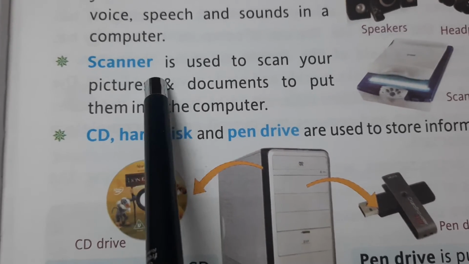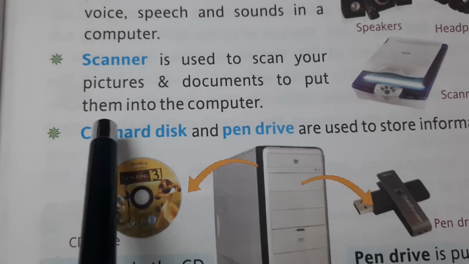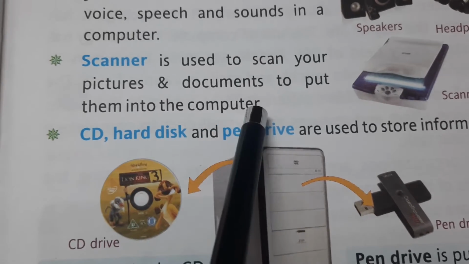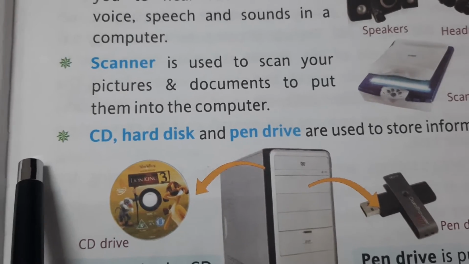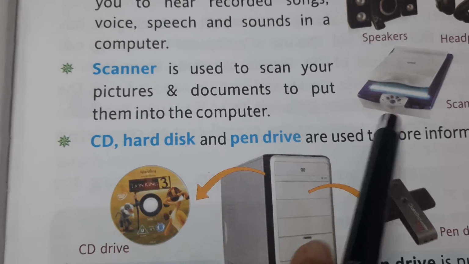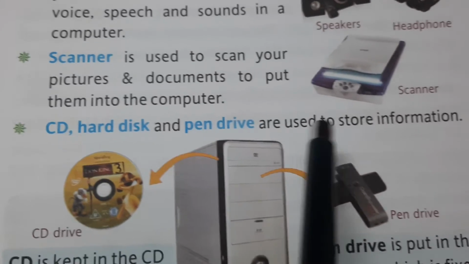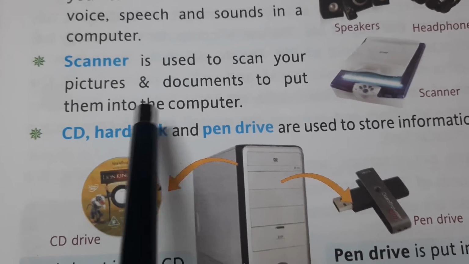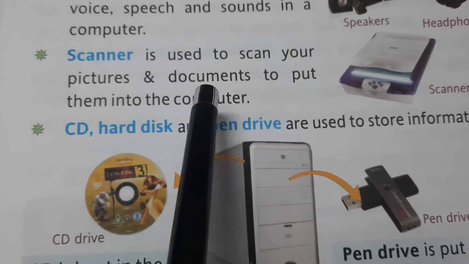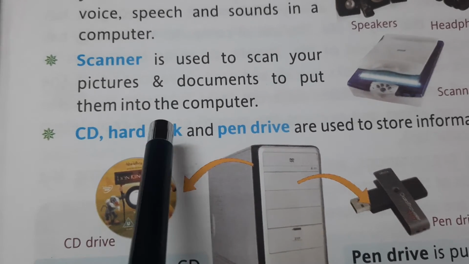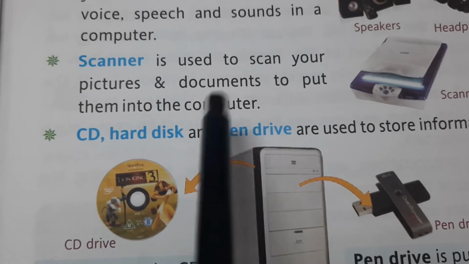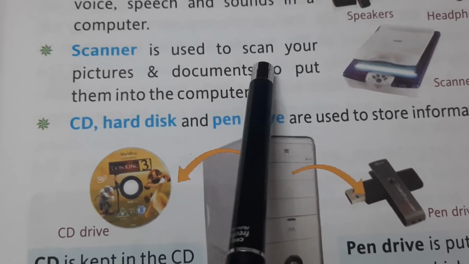In a scanner, whatever we see on the paper, whether that is pictures or documents, we can get back on the computer system. Means we can scan it using this kind of machine. So if we see something on paper, in any book, in a newspaper, or in any other reference material, we can get it on our system using a scanner.